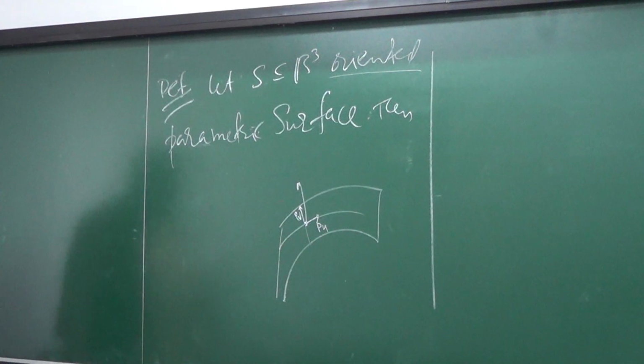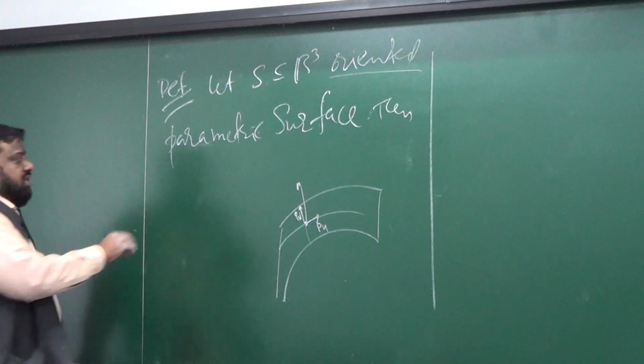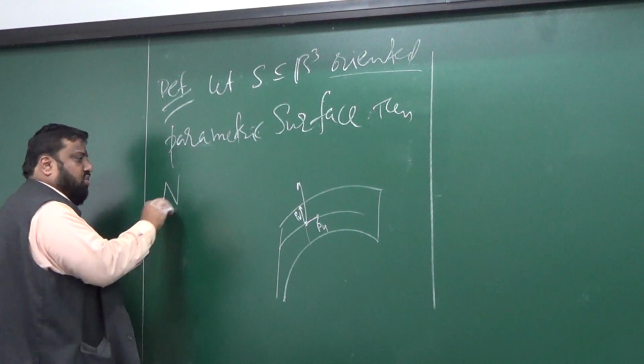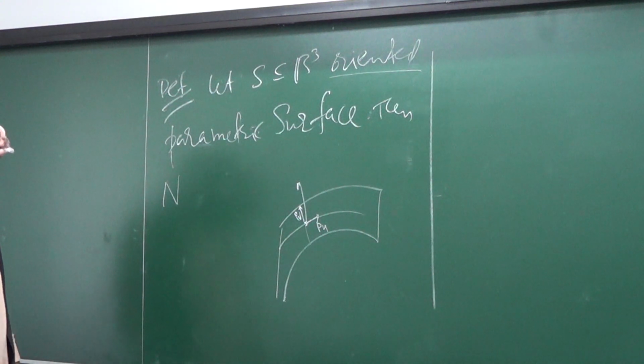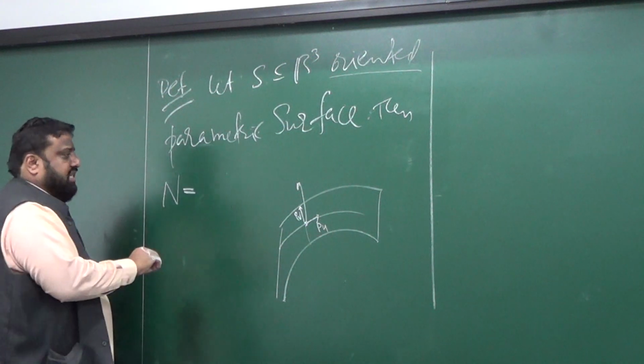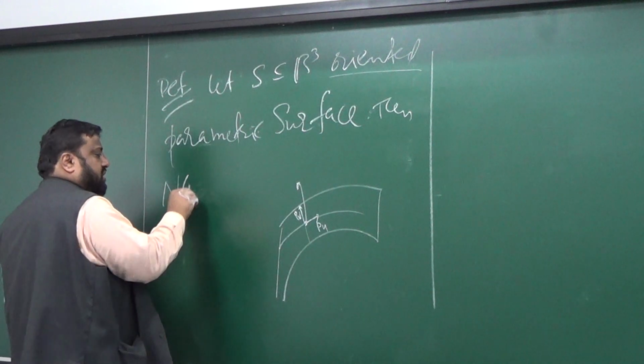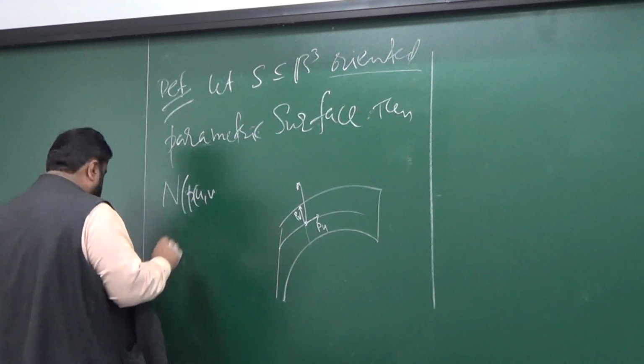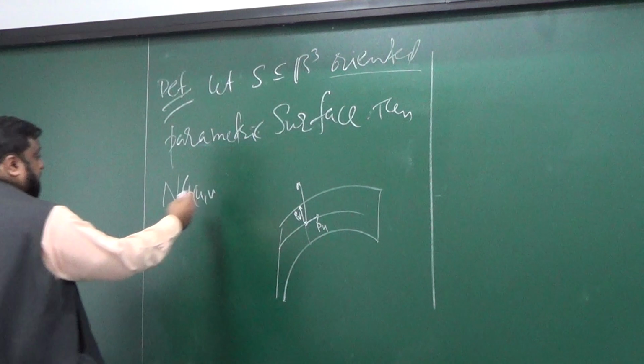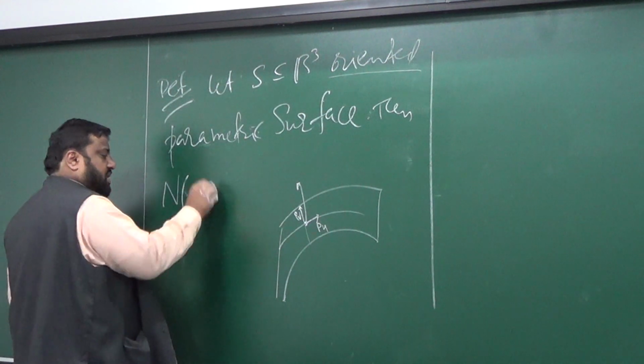So what would this outward normal vector be? Let me define the normal vector to the surface. It's going to be a function of u comma v.